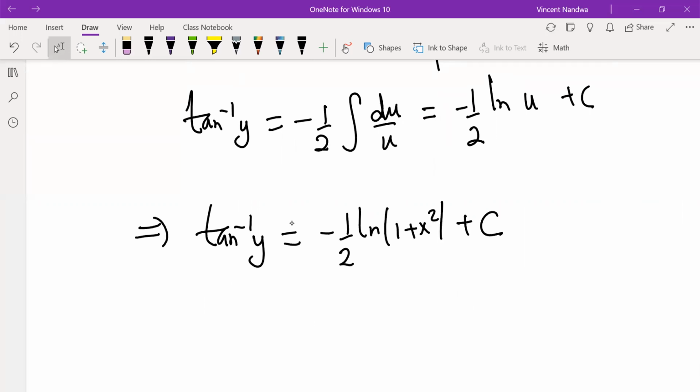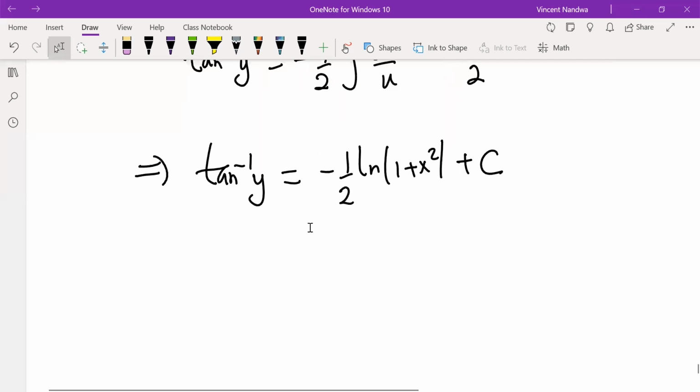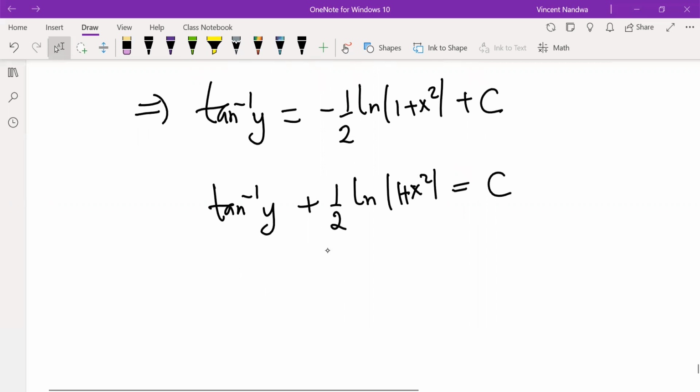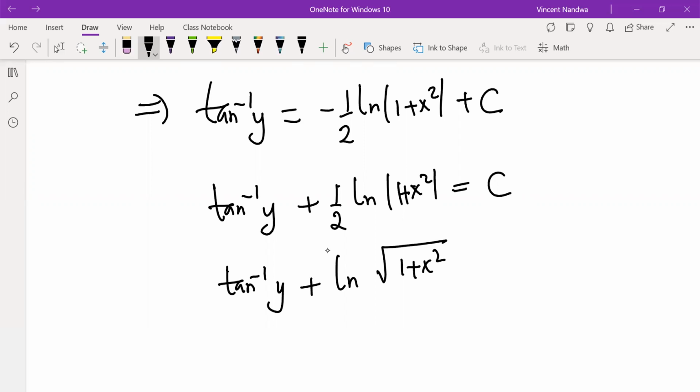So we can write this one as tan inverse of y plus a half ln of (1 plus x squared) equals c. Now, laws of logarithms: this half ln of (1 plus x squared) is the same as ln of the square root of (1 plus x squared). So plus ln of square root of (1 plus x squared) equals c.